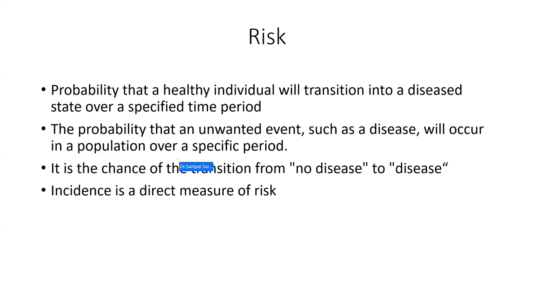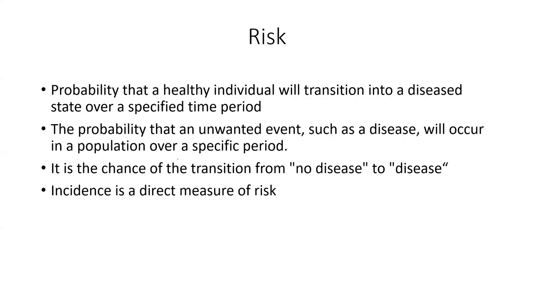In a specific population over a specified period of time, what is the probability that the disease will occur? That is risk. The key sentence to remember in risk is that there is a transition from a non-disease to a disease state, and that is the risk which you want to estimate. So what is the chance of this transition happening?